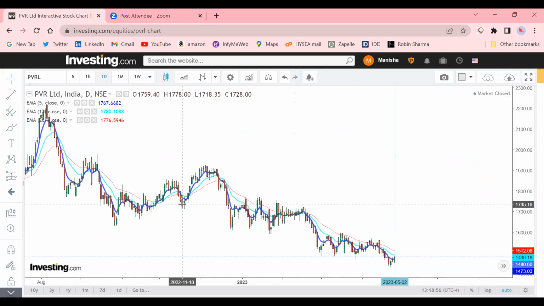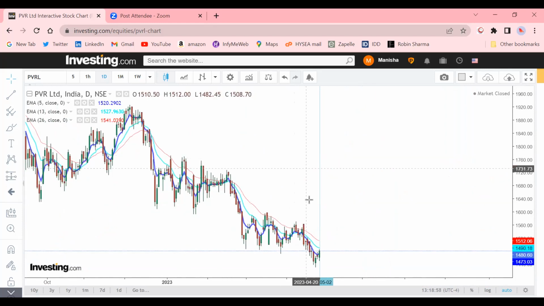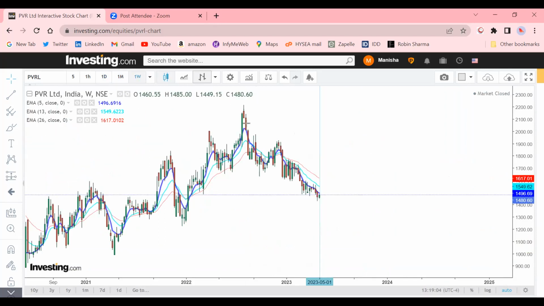However, there is a beautiful pattern. If you go to the weekly time frame, observe it, and zoom a little bit, you can see head and shoulder. Absolutely. Once you start observing in that way, it made a left shoulder and head and it is also making a right shoulder.